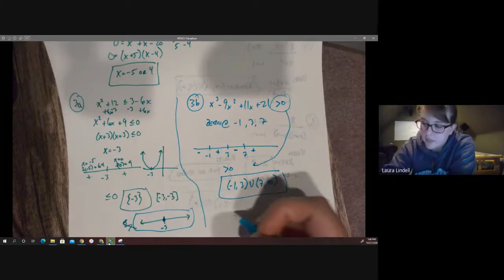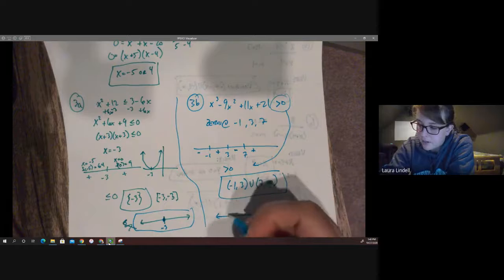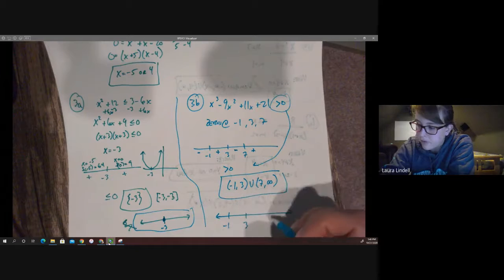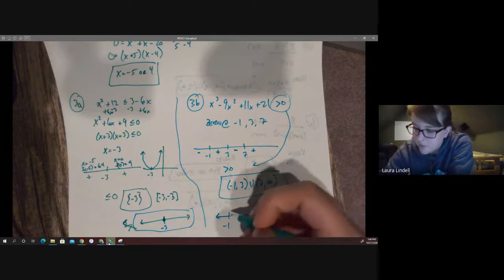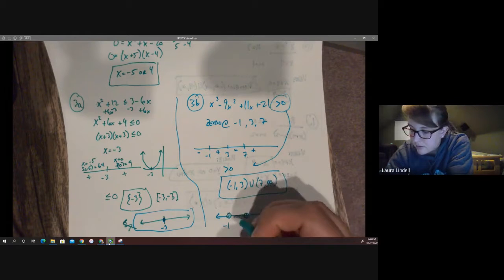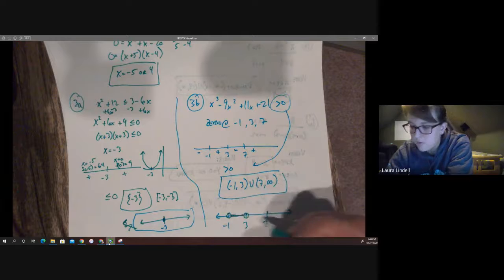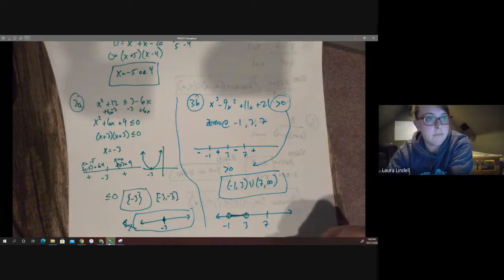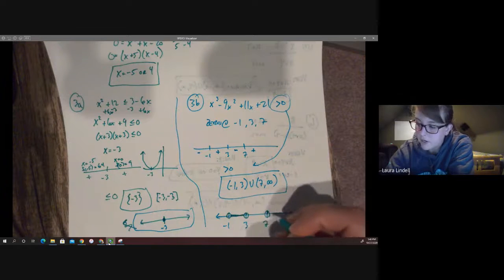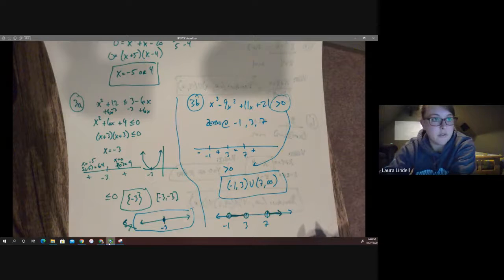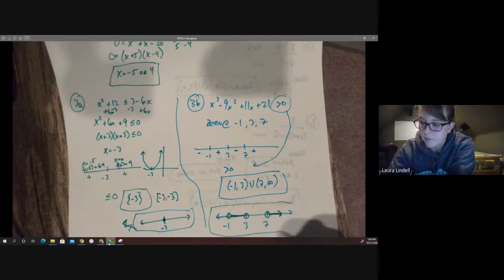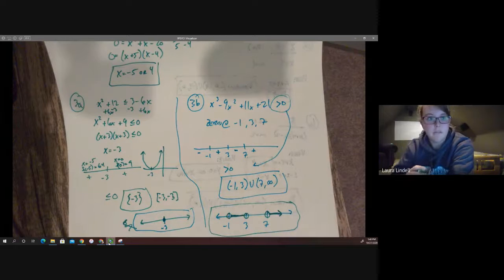If I was using a number line, we'd have -1, 3, and 7, with open dots, the interval between -1 and 3, and then an open dot on 7 with the arrow pointing to the right. So that would be my whole answer to 3B.